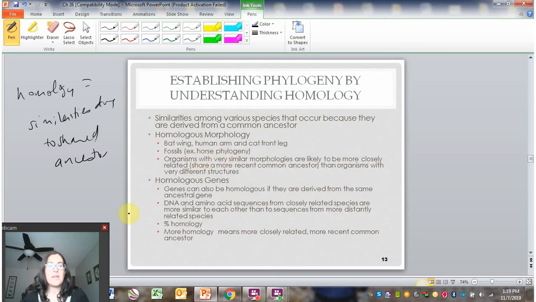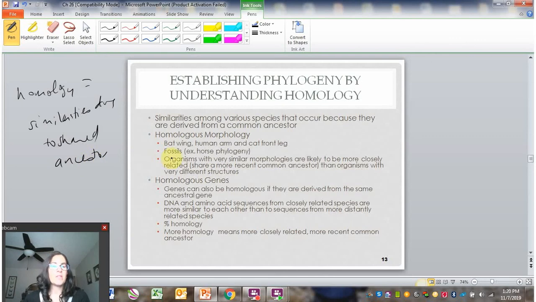They can also be in genes or molecular components of an organism. So a homologous morphology might be, for example, limbs in mammals. So if you look at a bat wing, a human arm, and a cat front leg, you see a very similar bone structure. And this is due to similarity because they have a shared ancestor.